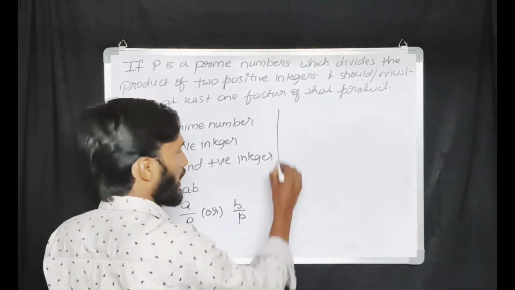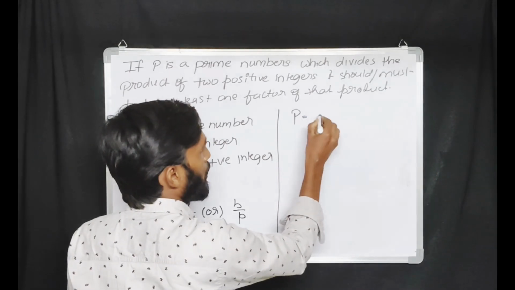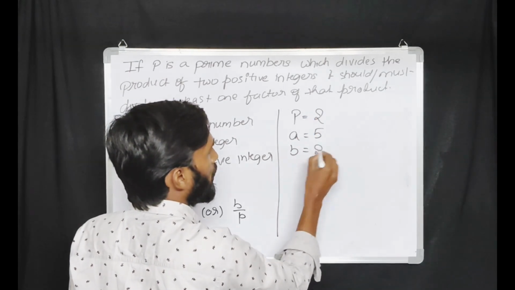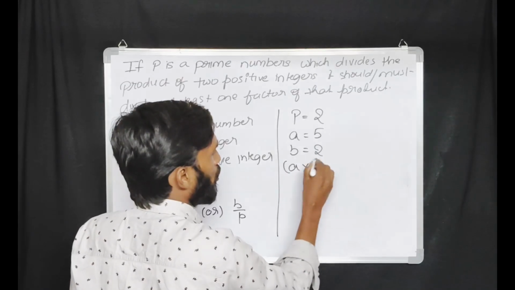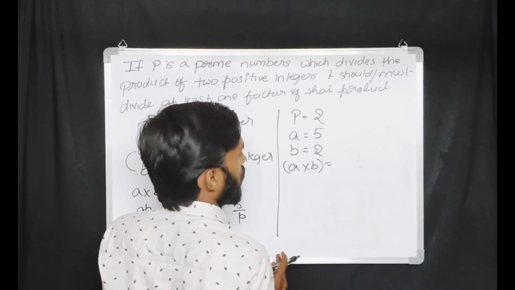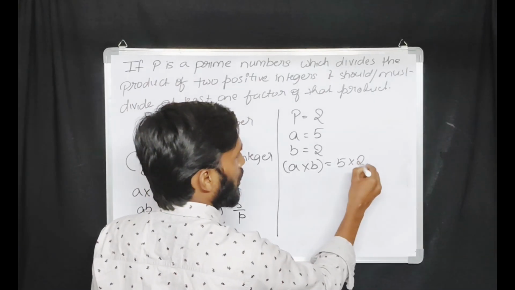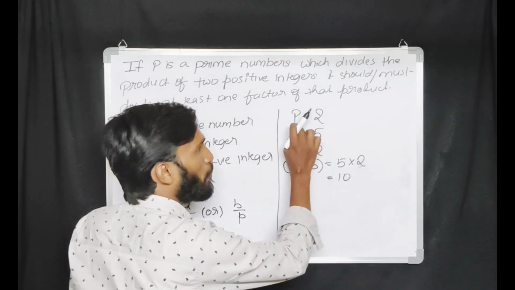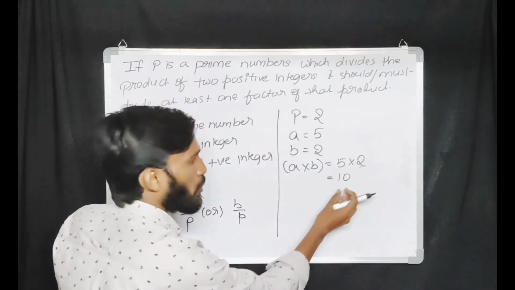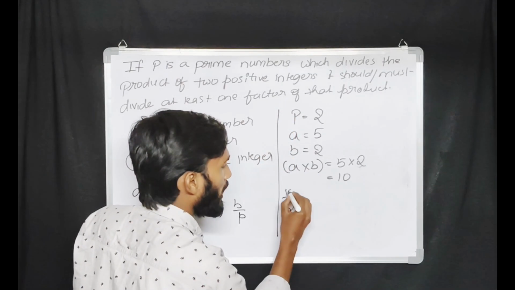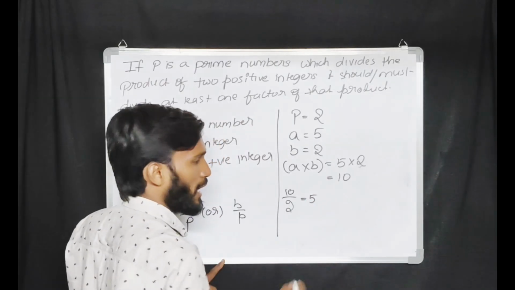For example, take prime number 2 and A is 5, B is 2. Product of A into B is 5 into 2, which is equal to 10. Now, if P, a prime number, divides the product of two positive numbers, here what is P? 2 divides 10 how many times? 5 times.